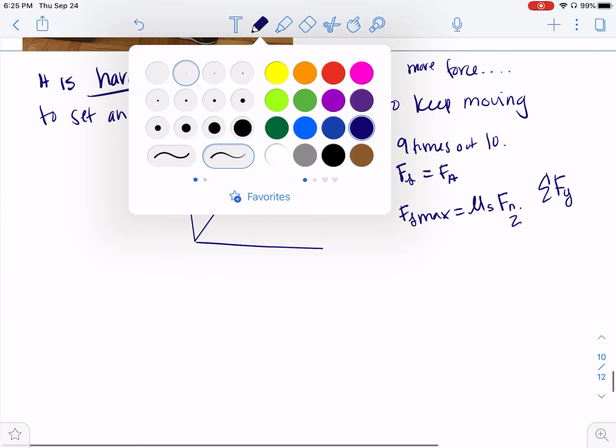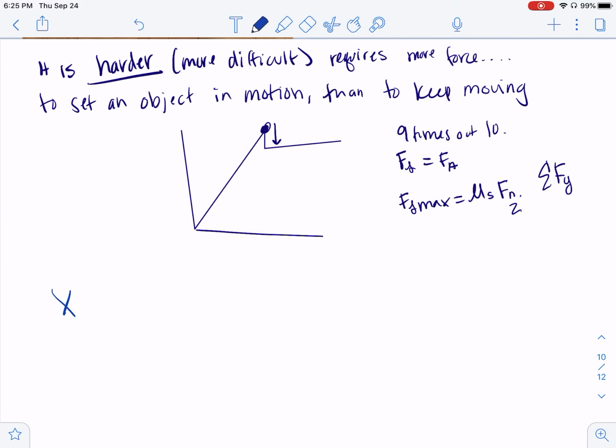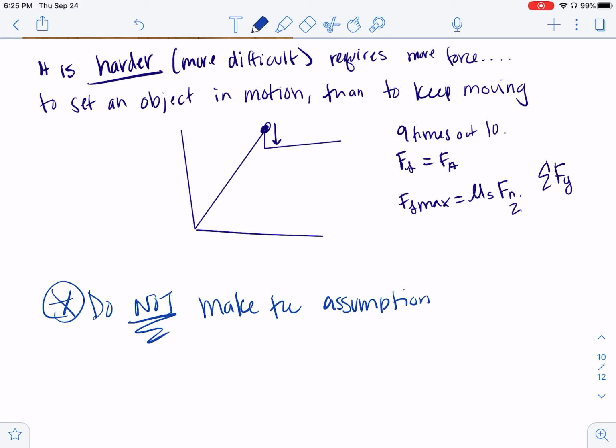This is a big thing too while I have your attention. Do not make the assumption, that's a key there, that Fn equals mg always.